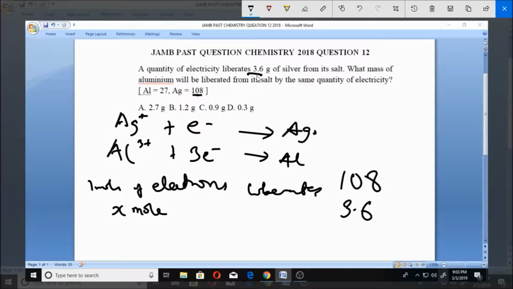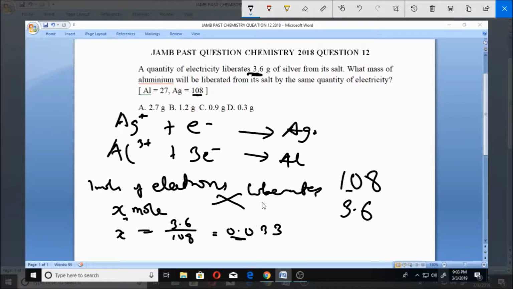The quantity of electricity we are talking about is x mole. Make x the subject of the formula: you cross multiply, and x is equal to 3.6 over 108, which gives 0.033. So this is the quantity of electricity that we are talking about.